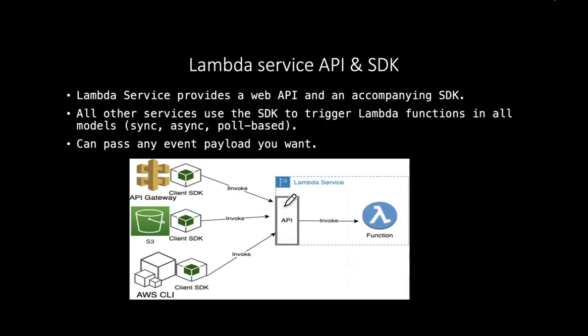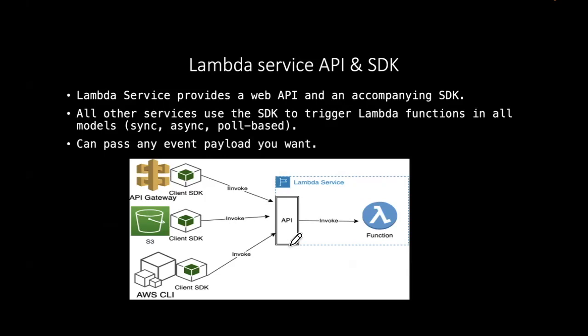And every service, as well as having a web API interface, there is an SDK provided by the AWS people to facilitate using the web API. Otherwise, if there wasn't an SDK, we would have to make raw HTTP calls. So that applies to the Lambda service as well. It has a web API and there is a Lambda SDK in various languages.